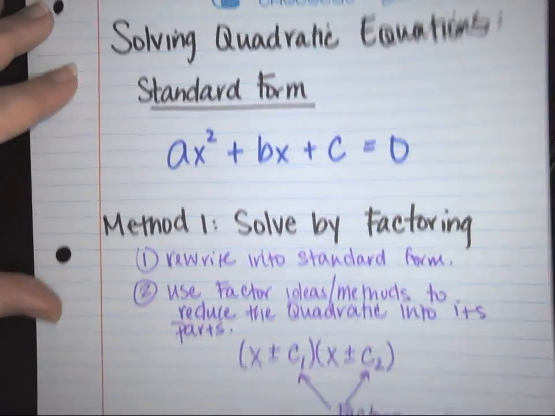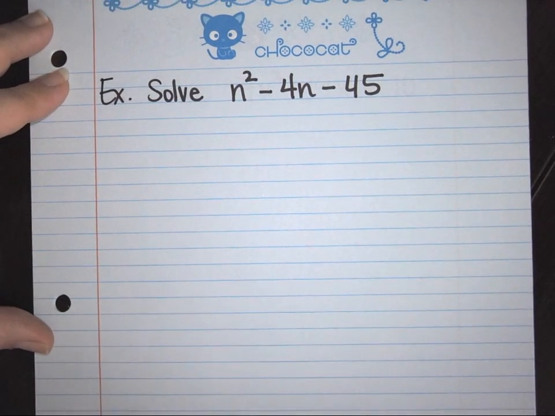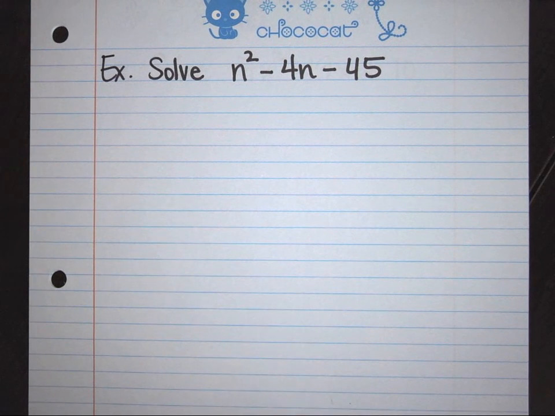So let's take a look at an example. So we have this example here that says we need to solve n squared minus 4n minus 45. And we have to set this equation equal to 0 in order to solve.